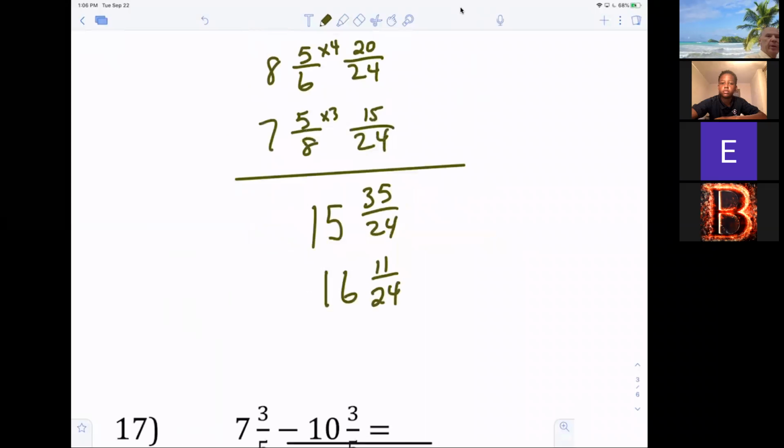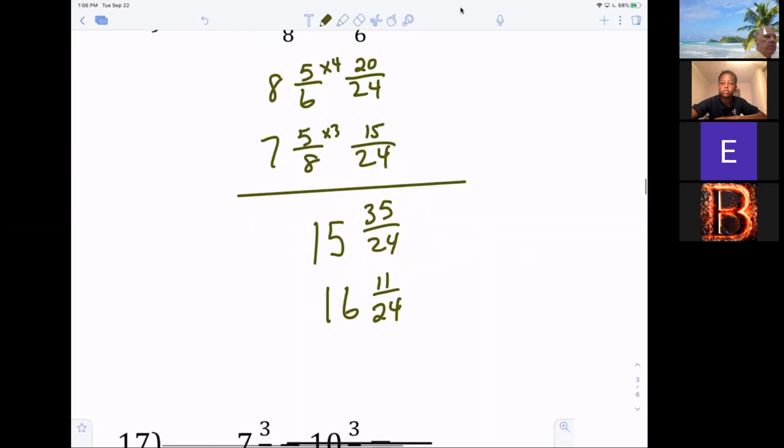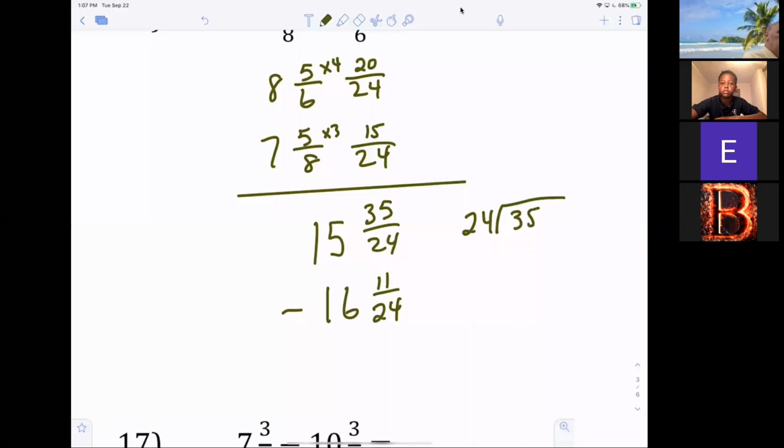And then you just have to remember to make it what? Because remember, you did 24 goes into 35 once with 11 left over. You with me?